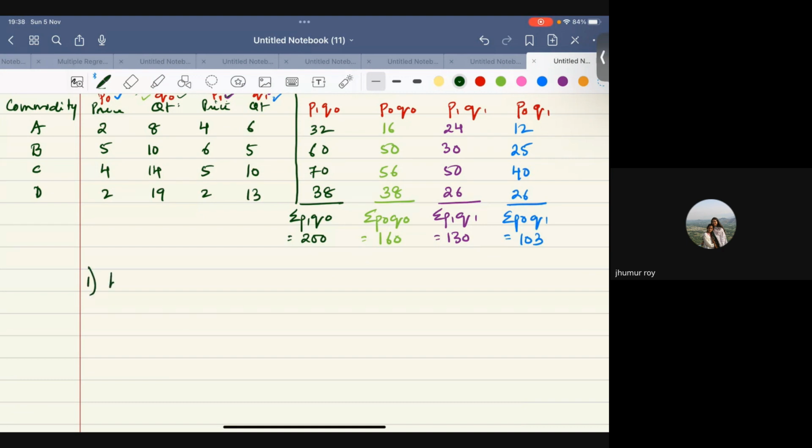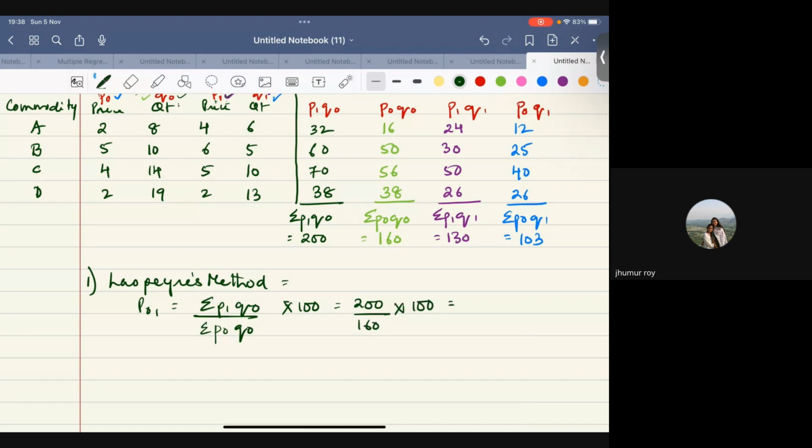So first we will find out Laspeyres' method. That is equal to P01 is equal to sigma P1 Q0 upon sigma P0 Q0 multiplied by 100. So this will be P1 Q0 is 200 divided by P0 Q0 is 160 multiplied by 100.